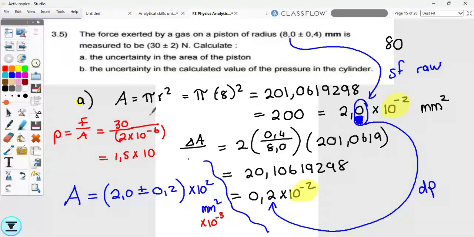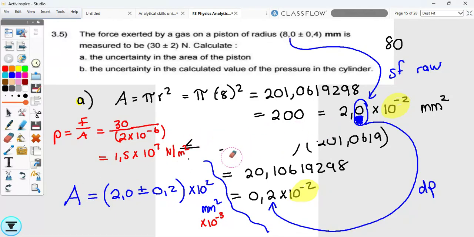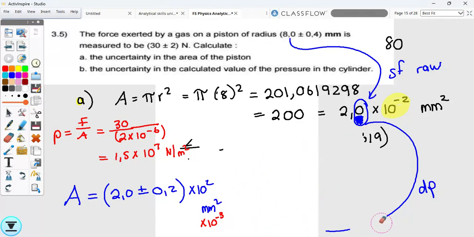Oh, of course, it goes to the top. It's 15. Yeah, that is right. And this then will be newtons per meter squared. So that's my answer for the pressure. I just want to clean this up a little bit for us. We don't need that anymore. We just need the area now.